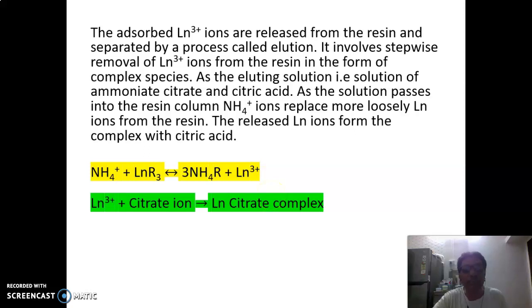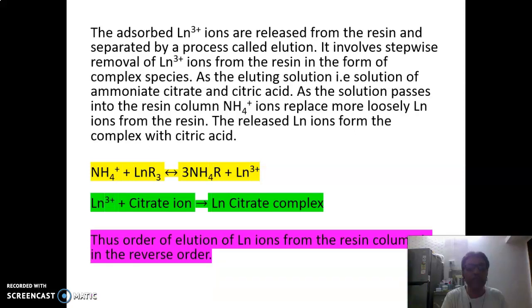In this way, one by one a complex formation process takes place. The first complex formed is the complex of lutetium with citrate ion, and the last complex formed is the complex of the lanthanon ion with the resin column. In this way the individual separation of the lanthanon takes place.